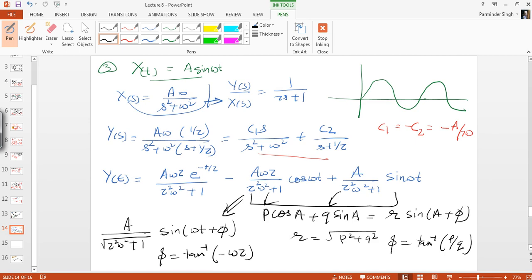You can take the p square plus q square under root, you can calculate r. So r comes out to be this, and phi will be nothing but tan inverse p by q, that is this term. Clear? So now this entire expression can be replaced by this thing.